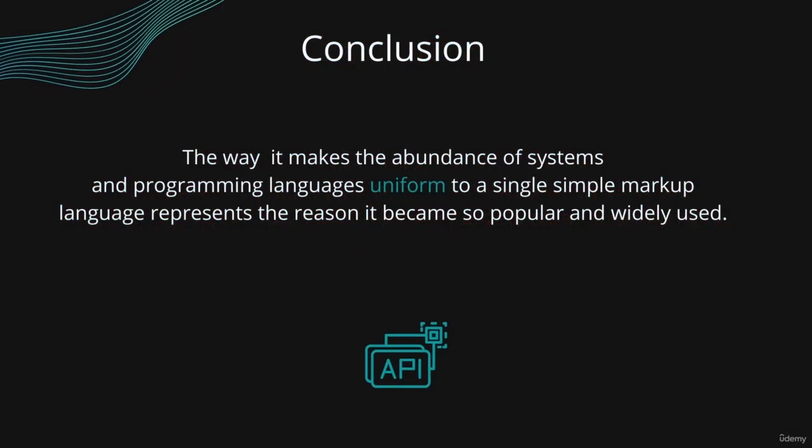So, in conclusion, the reason why XML is so big and popular nowadays is the way that it makes the abundance of systems with different programming languages and operating systems uniform to a single, simple and easy to understand markup language that is very flexible in terms of the tags and containing the information that it embodies.